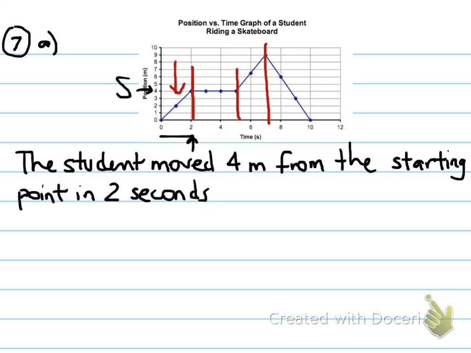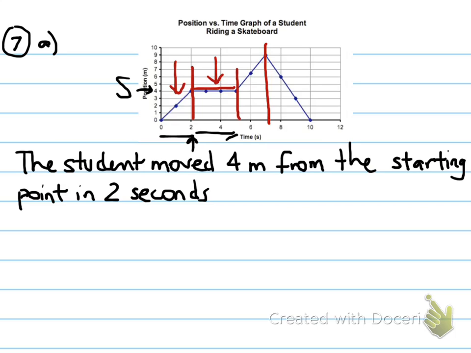Okay, then what did the student do? Well, if the student's displacement hasn't changed here, right, they're the same distance from the start that they were before, so that means they've stopped. All right, so you could say that the student stopped for 3 seconds, okay, from 2 seconds to 5 seconds, that's 3 seconds.